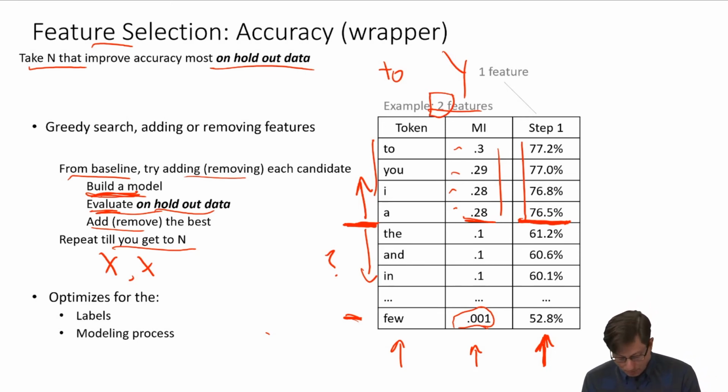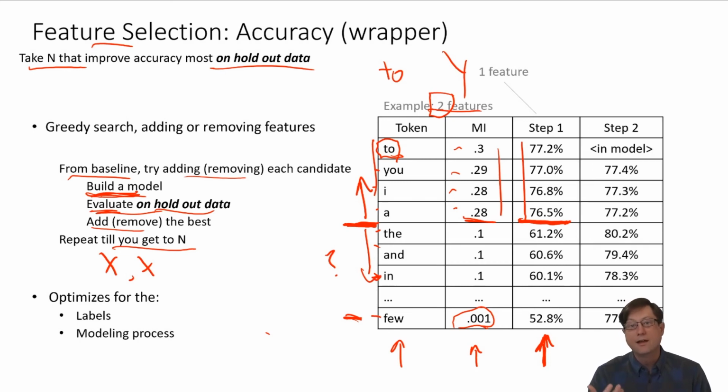So in this case, you would pick 2, and 2 would be the first feature. So now you'd build another model that has 2 and each of these. You try adding one of each of these. So 2 and in, 2 and few, 2 and... And then here is what you get. Well, you might see that, hey, this model had 77.2.